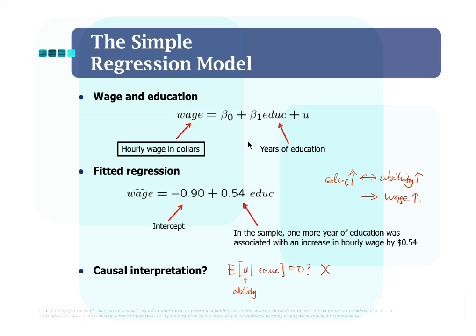So in this example, we have data on 526 workers in 1976. We have a bunch of workers and we record their wage and years of education.